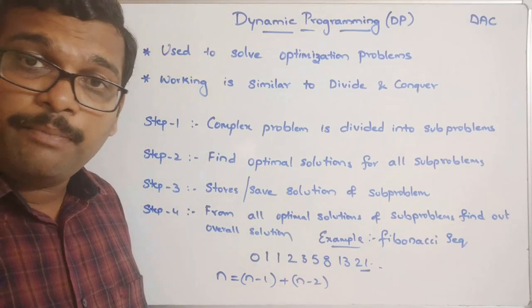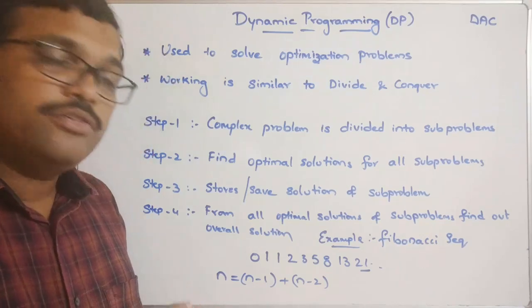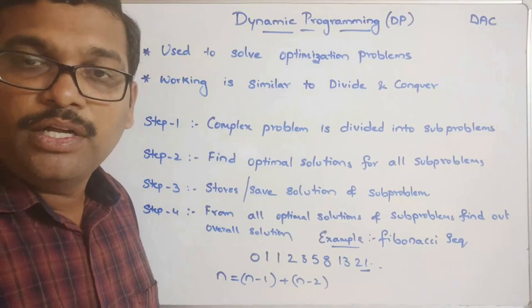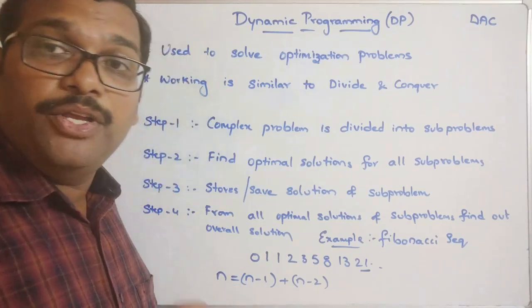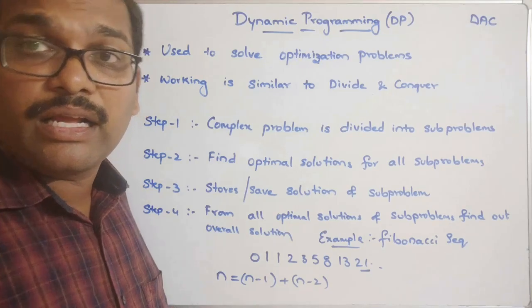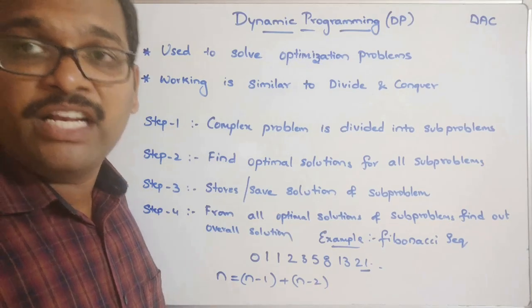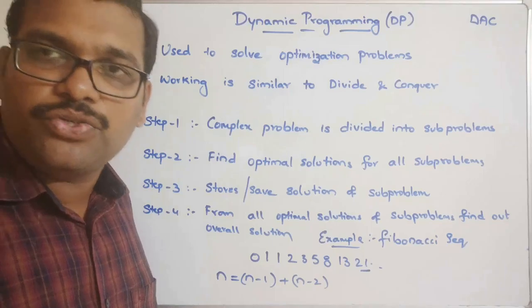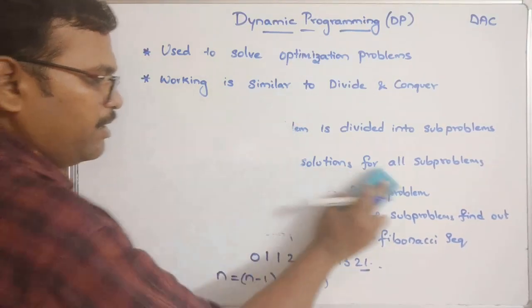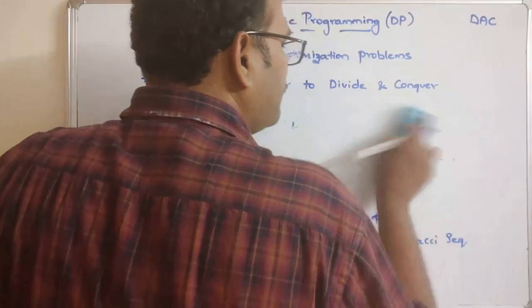If you want to get n, we need to add n minus 1 and n minus 2. We can solve this simply by using recursion: Fibonacci of n minus 1 plus Fibonacci of n minus 2. So if you solve the same thing using recursion, what happens? Let us see.